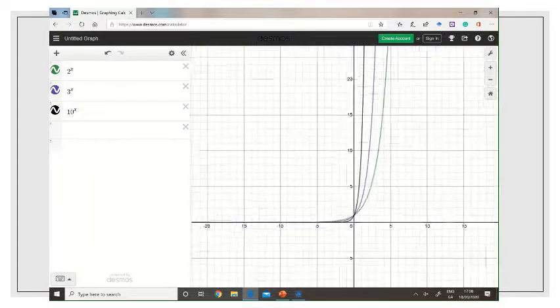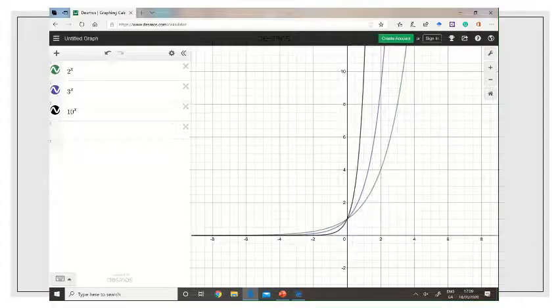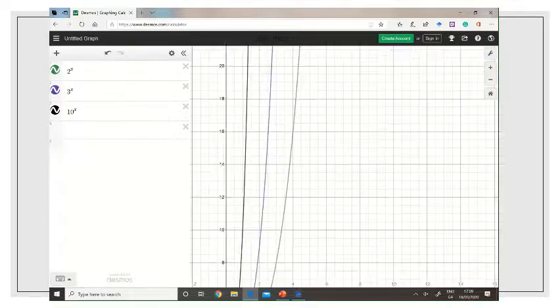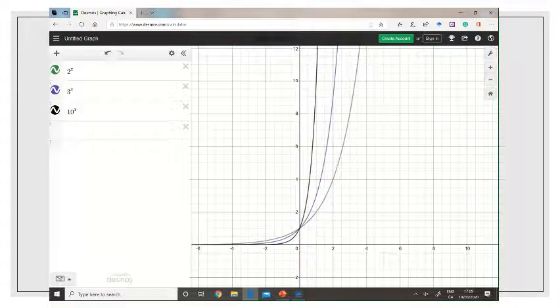I'd like to just maybe focus in on a few important points. So as you can see there, they always pass through the coordinate 0, 1. Okay, so our y-intercept is going to be 0, 1. The other thing worth noting is what happens when you've got x to the power of 1. So if you have a look at the green graph there, that was 2 to the power of x.